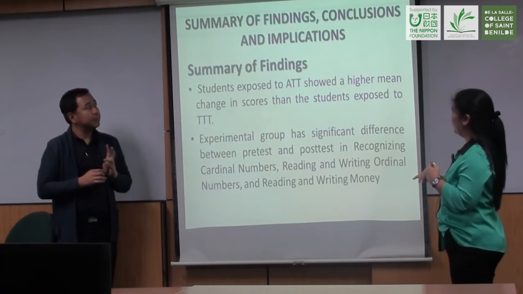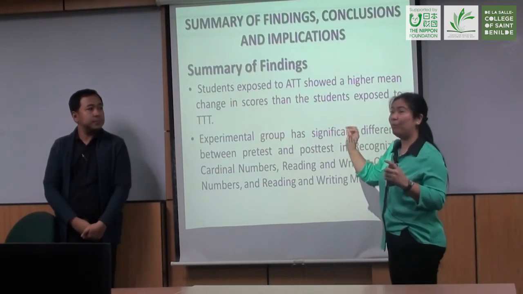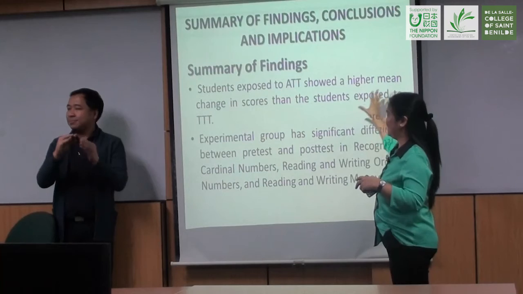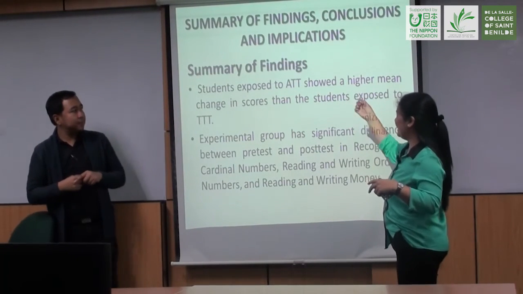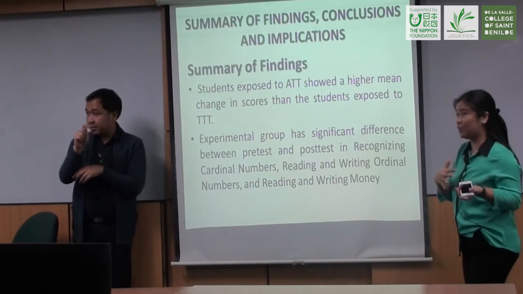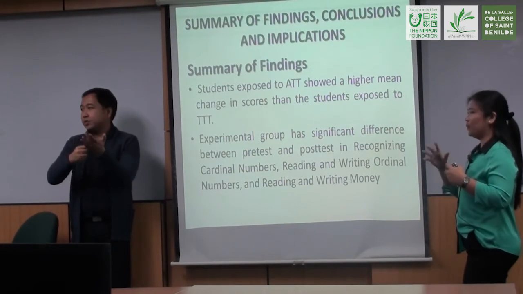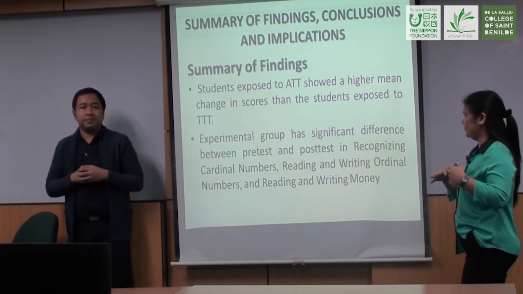Here's the summary of all the findings. So recently, I presented yung numbers, but this is what it means. Okay, so students exposed to ADT showed a higher mean change in scores than the students exposed to the traditional teaching tool.